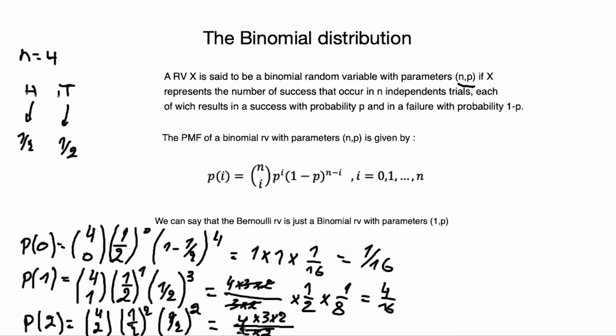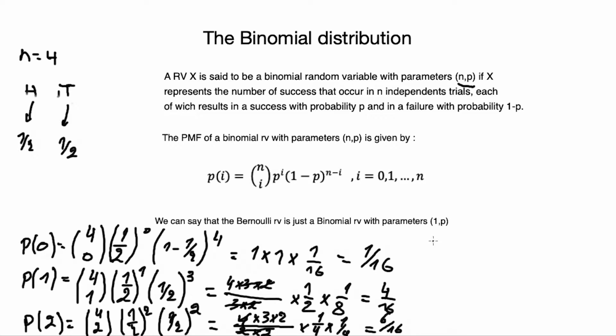We can cancel this 2 times 2 with this 4. Also 1/2 squared is 1 over 4 times 1/2 squared, also 1 over 4. So we'll get 3 times 2 is 6 over 16.